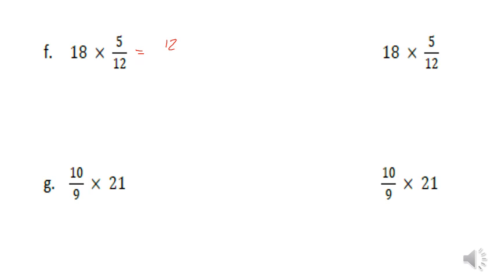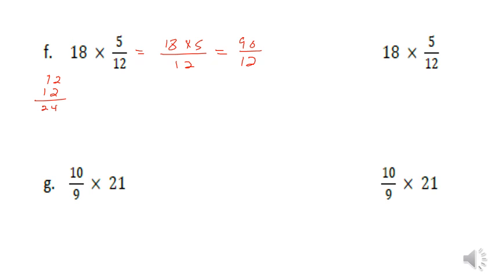Rewriting it, we have 18 times 5 over 12, which equals 90 over 12. So now I'm going to have to figure out how many times 12 can go into 90. So if I had to, I would skip count.